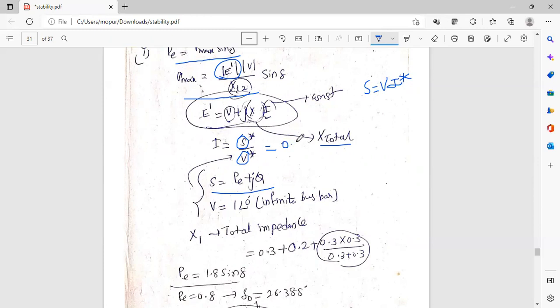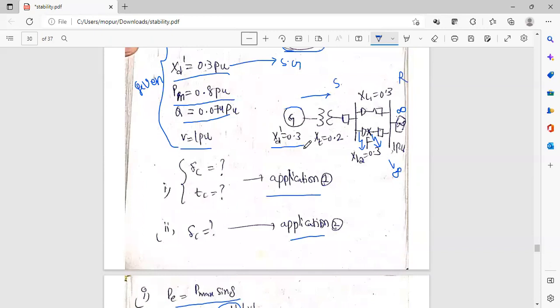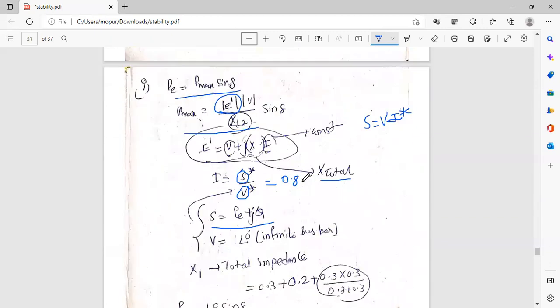So 0.8 is PE, Q is 0.074, so 0.8 minus j0.074, divided by V plus j0, that is 1. So the current is also the same, that is 0.8 minus j0.04.